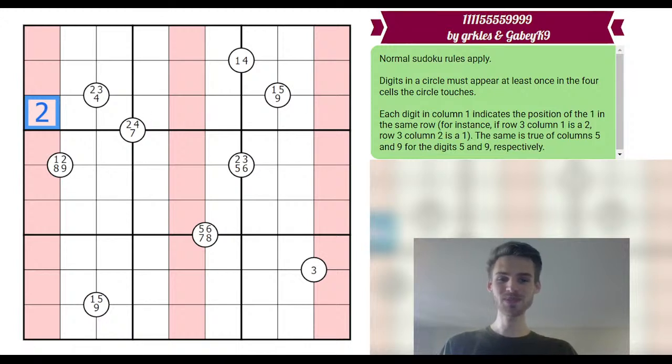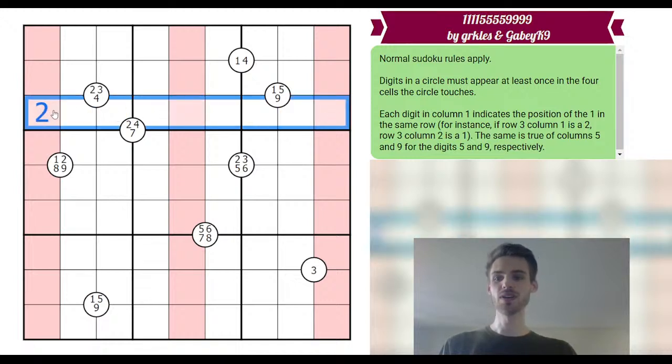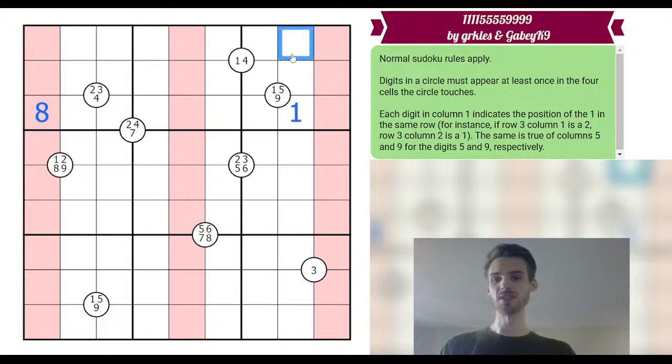So, if column 1 row 3 is a 2, then in this row, in the second position, we need to have a 1. If we put a 5 there, then this would need to be a 1. If we put an 8 there, then this would need to be a 1, because that's the 8th column in this row.